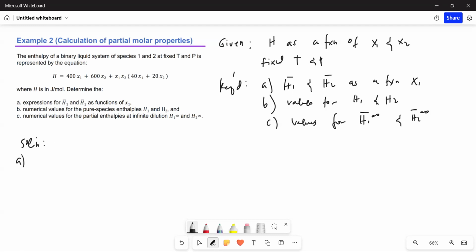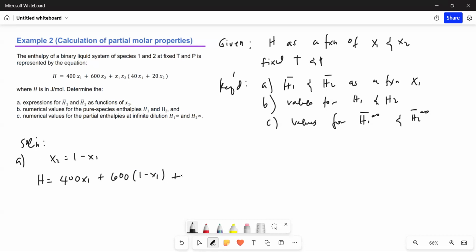Remember that x sub 2 is 1 minus x1, and then we substitute this expression, 1 minus x1, for x sub 2 in the equation. Because the goal here is to get expressions of the partial properties as a function of x1, we try to remove x2 from the equation. So here we substitute x2 for 1 minus x1.